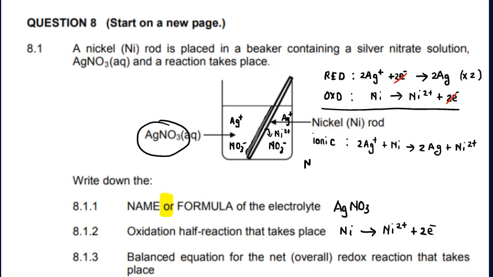So the net ionic reaction over here, we're going to have 2, and we just need 1 NO3. We still have the nickel, and that's going to go to 2Ag. Now for over here, we're going to need 2 of these nitrate ions to balance out the 2+ charge on the nickel.